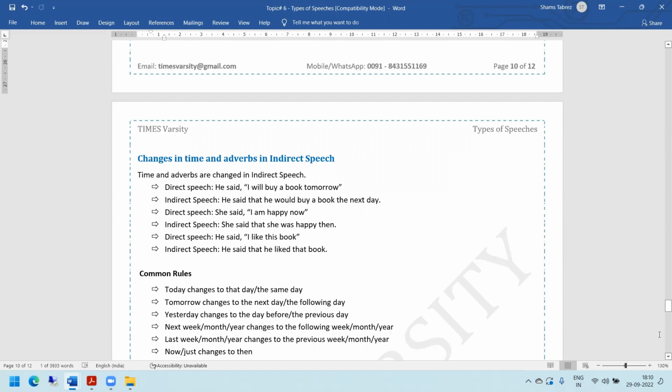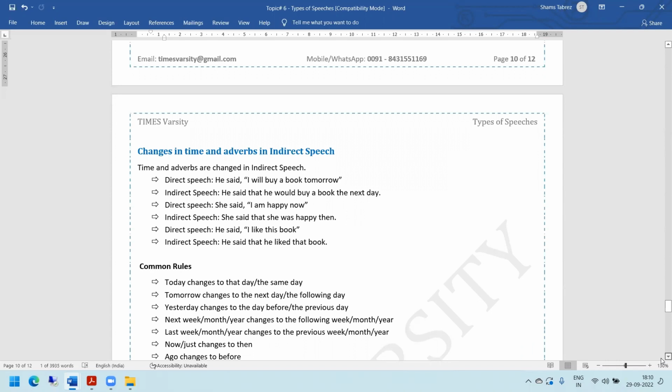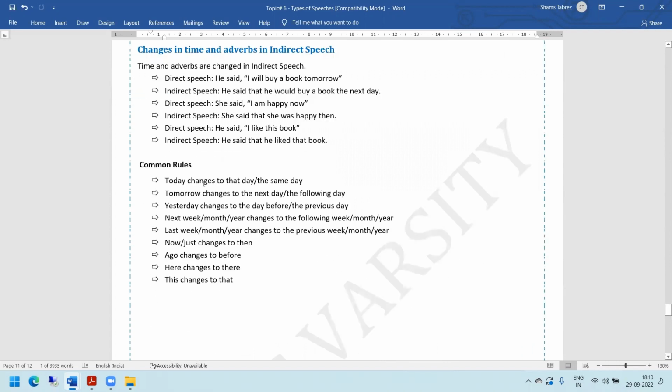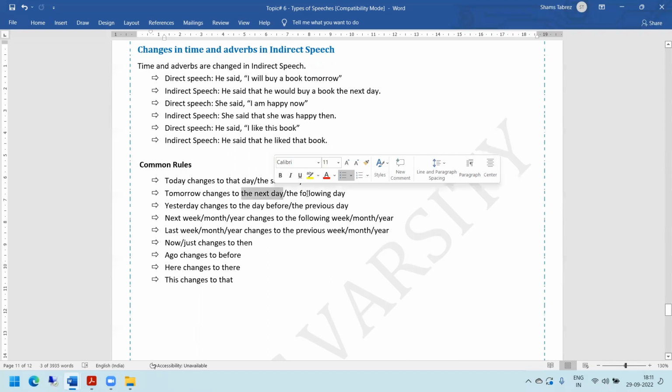Okay. So some common rules which we need to understand. Today changes to that day or the same day. Tomorrow changes to the next day or the following day. We can use the next day or the following day in our reported speech. Yesterday changes to the day before or the previous day.